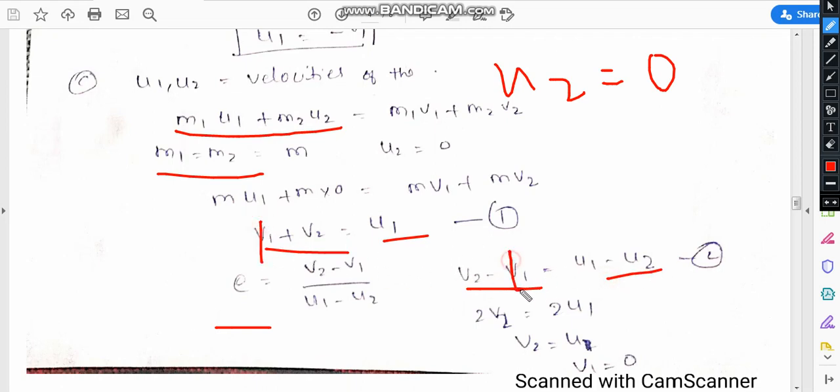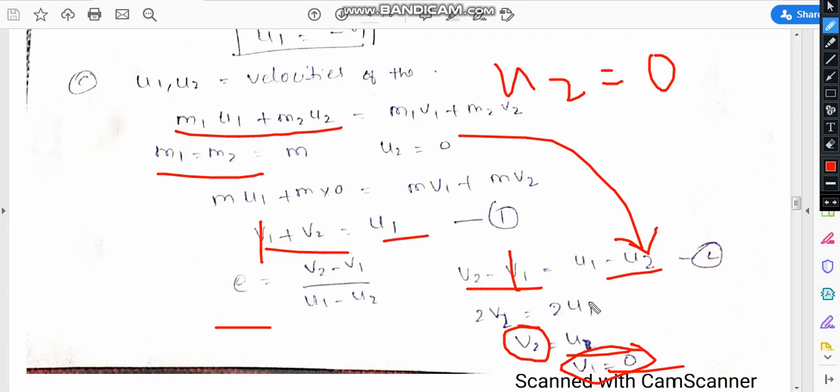By solving these equations, v1 is cancelled out, and 2v2 is equal to u1, because u2 is already 0. So v2 is equal to u1, and v1 is equal to 0, which means the entire velocity will be transferred to the other mass, and the first mass itself comes to rest.